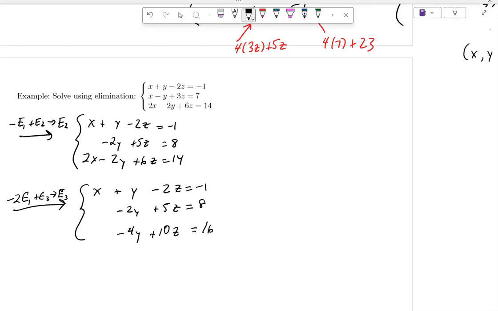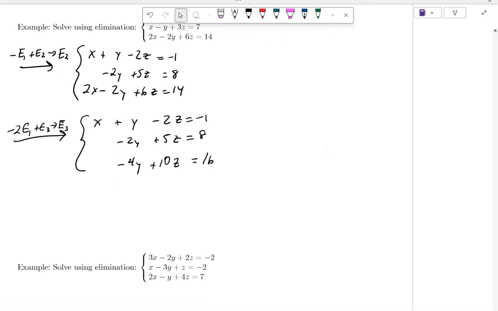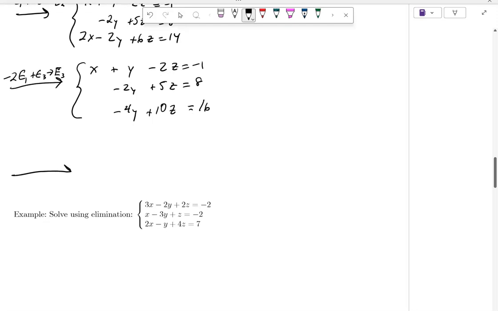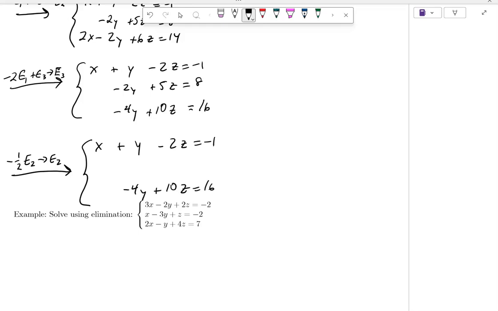So we'll do negative 1/2 equation 2, replace equation 2. Doesn't change the first equation. Doesn't change the third equation. It makes the second equation y, I know we got a fraction, minus 5/2 z equals negative 4.